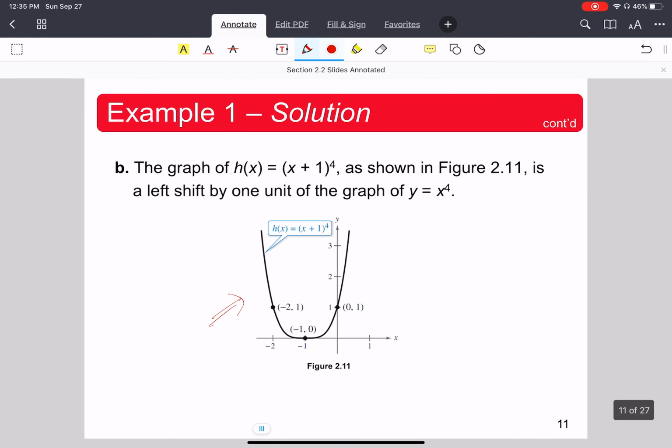As you can see, because this is a fourth degree polynomial, it's going to open up, and because we're adding 1, we shift the function 1 unit to the left. That's why it looks like this. Transformations are extremely useful for making sense of graphs and possibly sketching them.